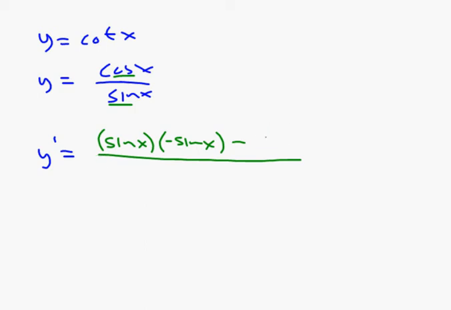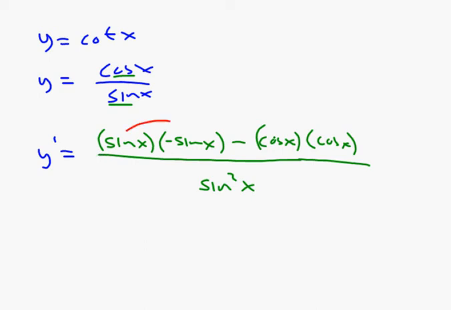It's low d high minus high d low. So cosine x, d low, the derivative of sine is cosine of x, over the low function, or the bottom function, squared.